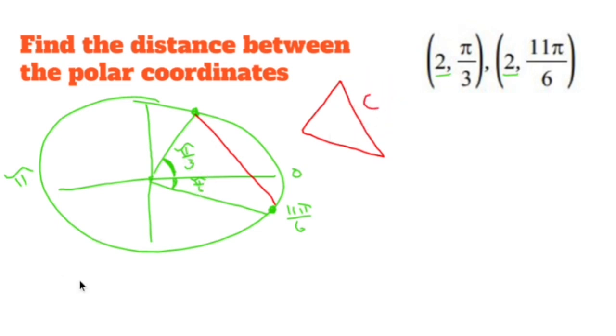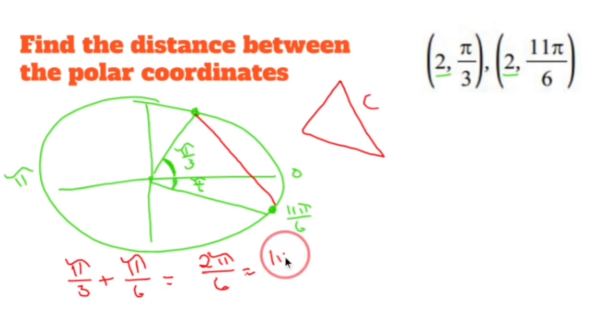So pi over 3 plus pi over 6 means I could change that into 2 pi over 6 plus 1 pi over 6, which is a cool 3 pi over 6, or pi over 2. So this angle is pi over 2. I know that this side is 2, and I know that this side is 2.